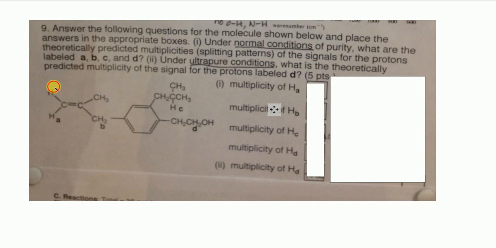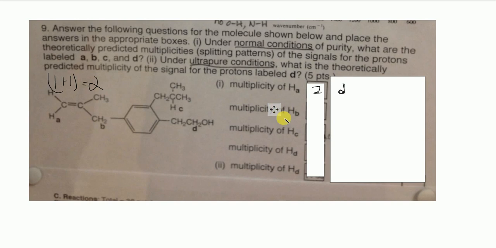But I do have this stereochemically distinct hydrogen. Okay, so I'm going to have this one, and this is just going to be 1 plus 1, right? And this is just going to be 2, so this will be a 2 or a doublet.